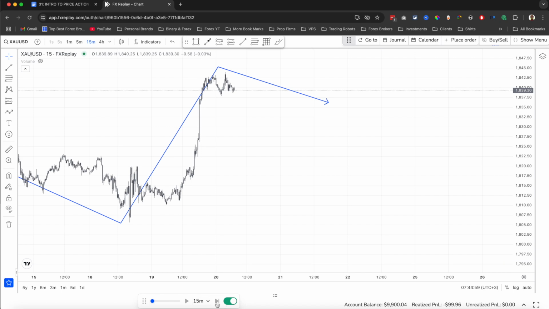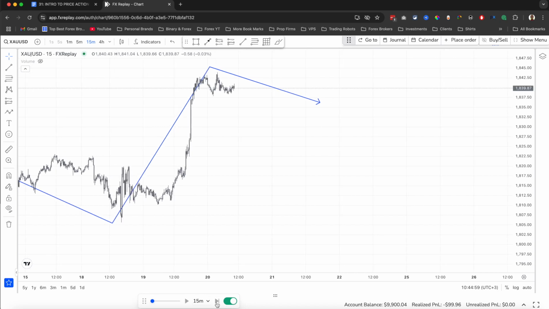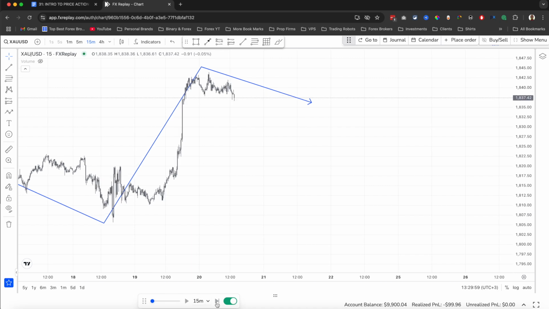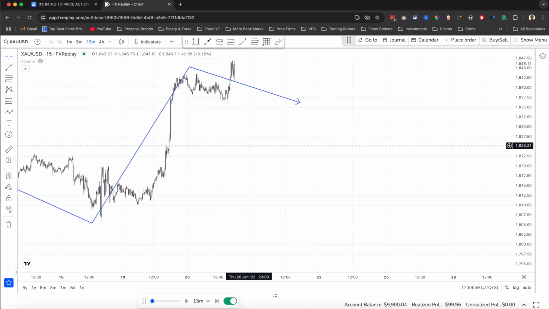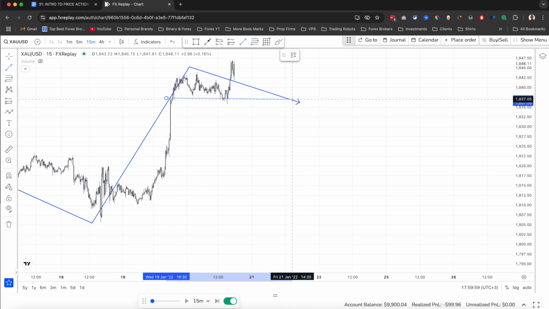If we replay this, we see that there is a pullback, and then the price goes up. So you can't just take your sells from here. You just don't know how long this pullback will last. That's why after reaching this point, it's still going up. After a break of this structure, there was another break of structure here.